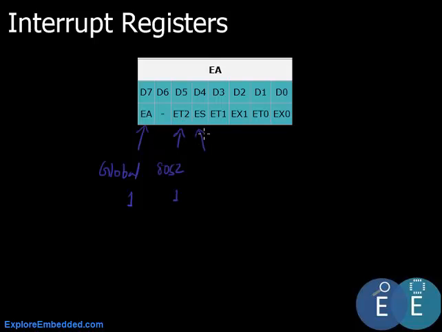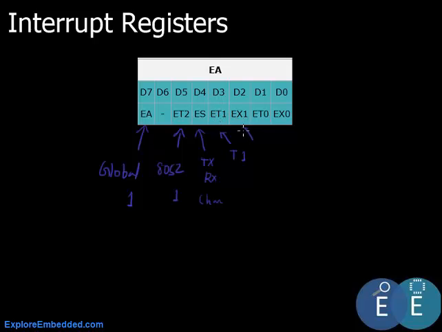ES is the serial interrupt. If you want an interrupt to be generated on transmission or reception of a character in serial communication, this bit needs to be 1. The next bit is for timer 1. If timer 1 overflows, an interrupt is generated, and if you want that, we set this bit to 1.